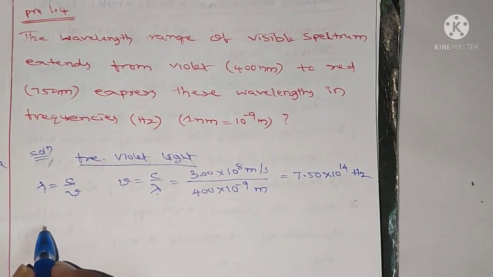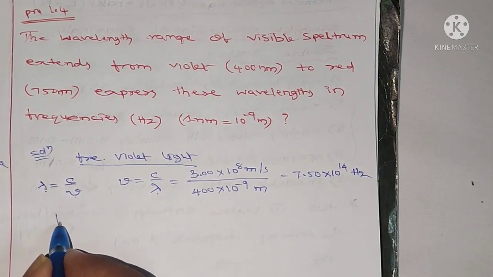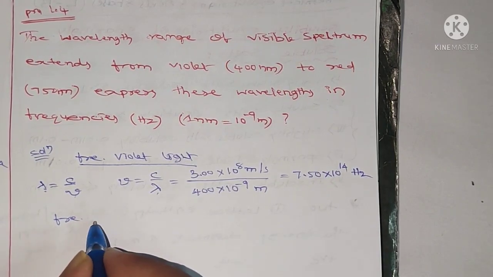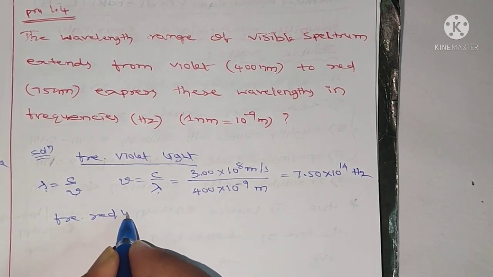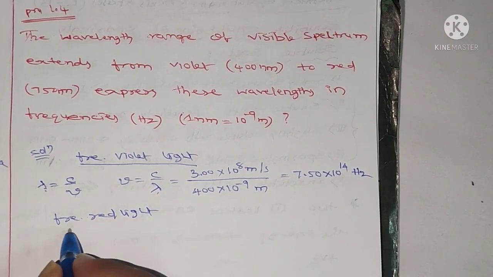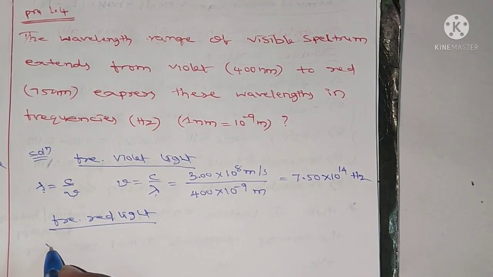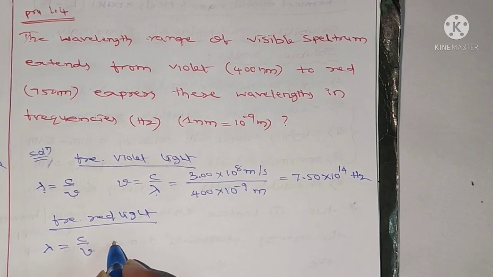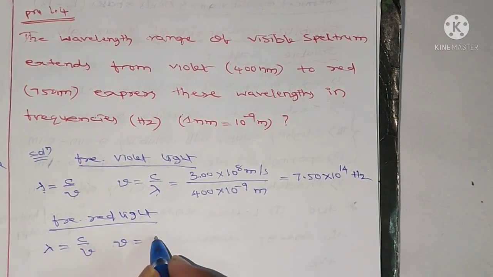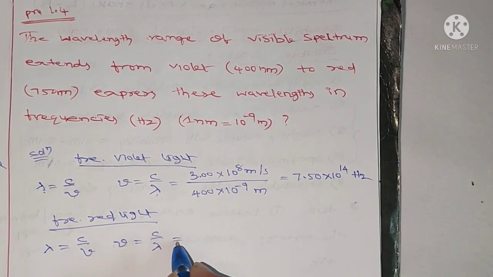And next, the frequency of red light. Same formula, wavelength lambda is equal to c by nu. We need nu is equal to c by lambda.